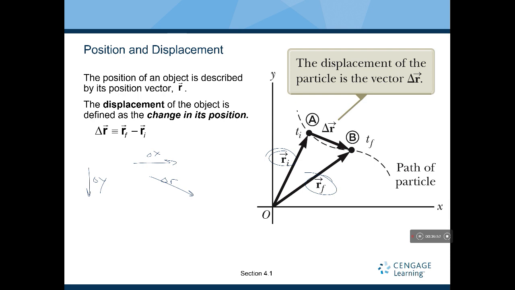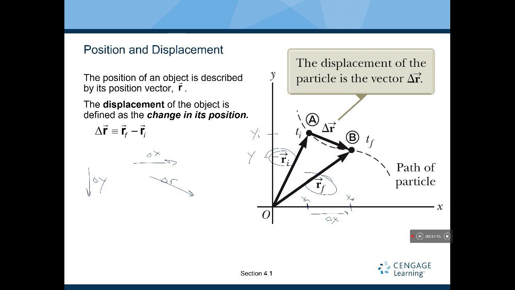If you wanted to think about it more basically, here you go. All we're saying is Ri has an X right here. Rf has an X right here. So what is delta X? Right there. You're very familiar with that, yes? And Ri has a Y right here.